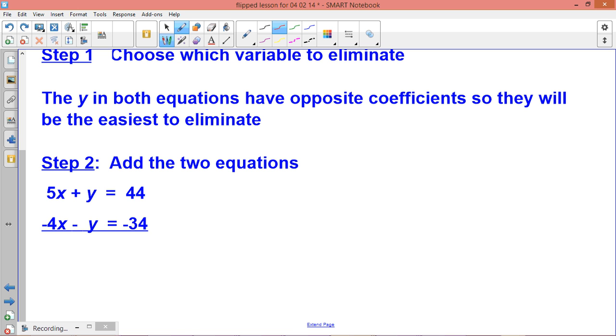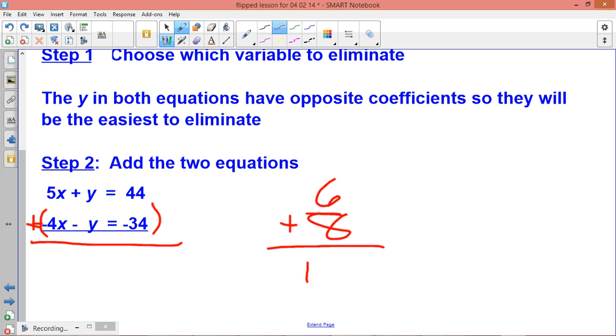This is probably something you haven't seen, but I'm going to take this whole equation and add it, and pretend that this was 1st grade, kindergarten. We're going to add the long way, where we do 6 plus 8 equals 14.